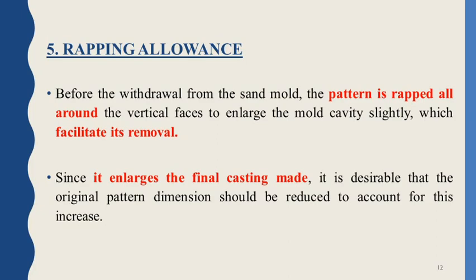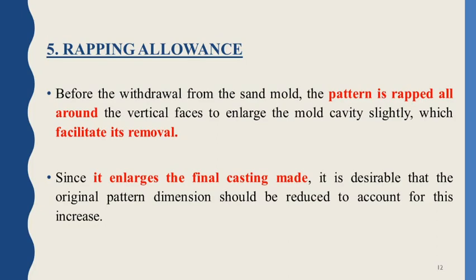In wrapping allowance, what we are doing is making the pattern smaller in size than the actual size of the cavity, so that when we wrap around this pattern for its easy removal, there is a tendency for enlargement of the hole around the mold cavity, such that the final shape has the exact size required for the casting.